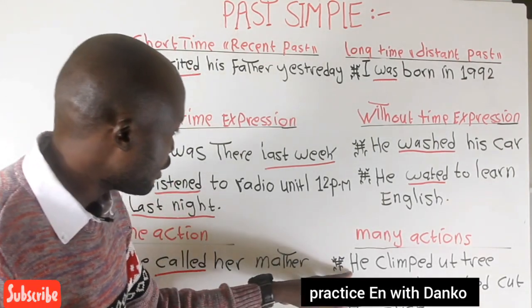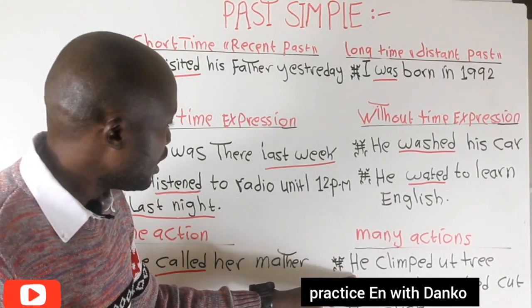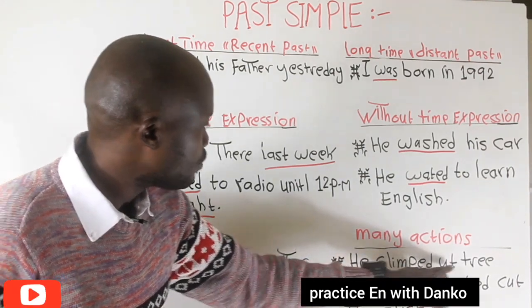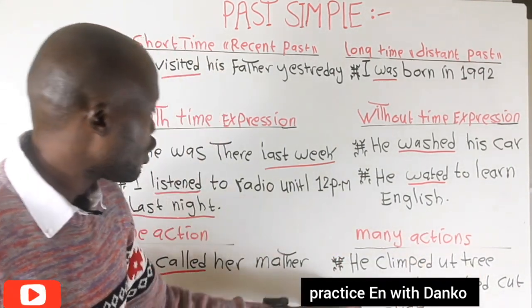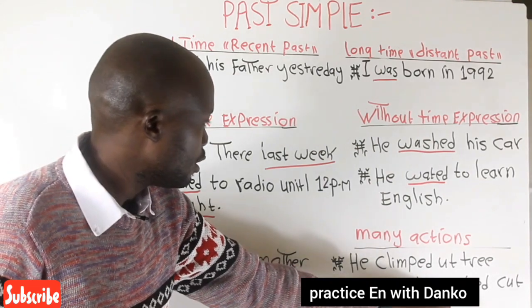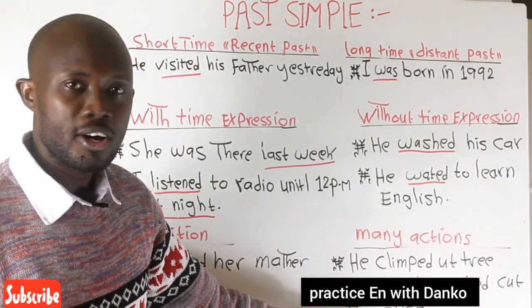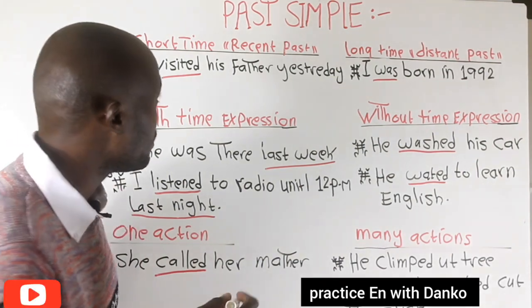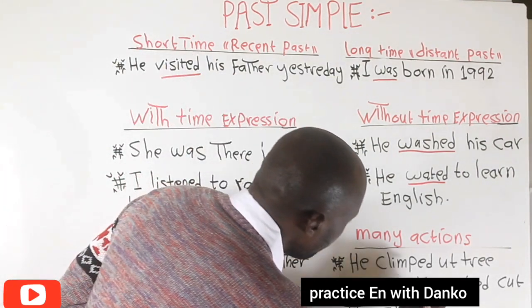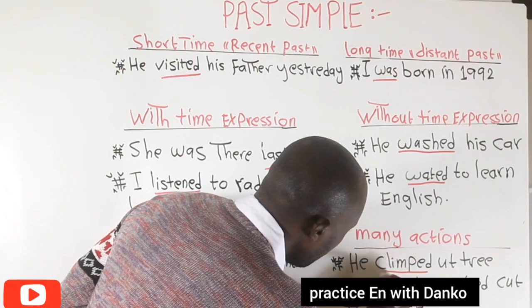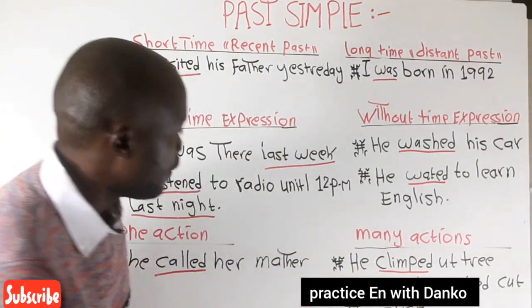As you can see here, he climbed up the tree because he wanted to cut the stick. Okay, as you see here, the past simple verbs are climbed and wanted.